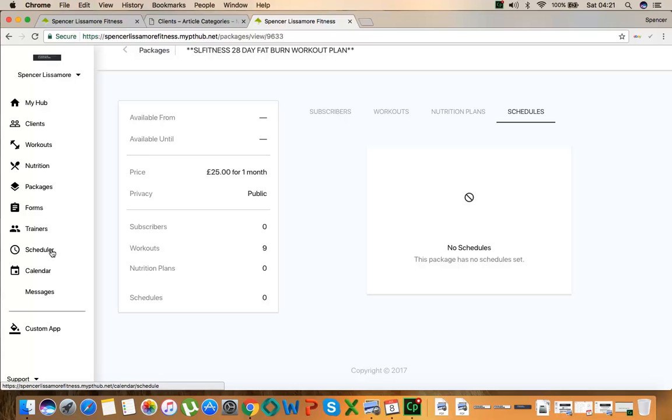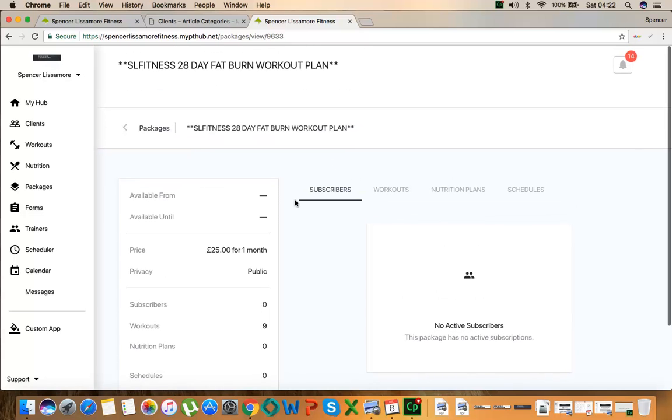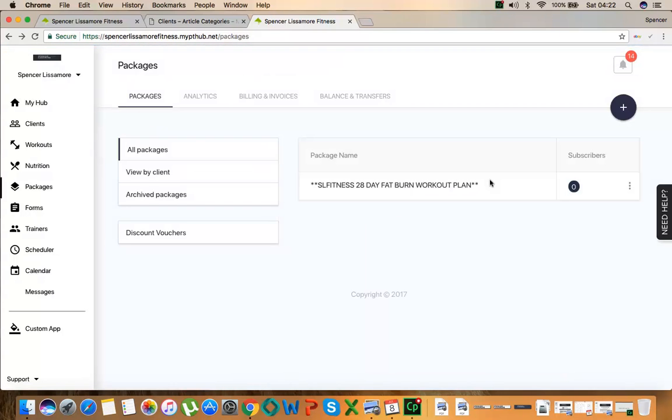Schedules, we shall be going into that very shortly, as you can see. But that is just a brief explanation of the packages which will be available, incorporating, as I say, workouts, nutrition, forms, and a planned schedule, of which I will need a check-in, an update photo, update measurements, etc, etc. So, forms.